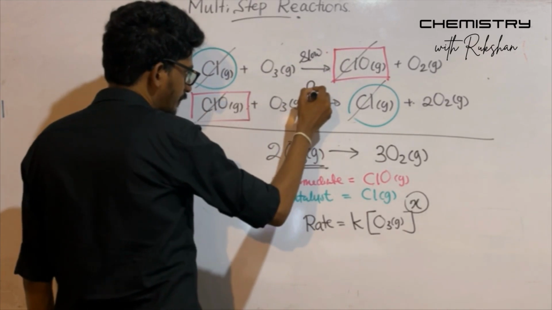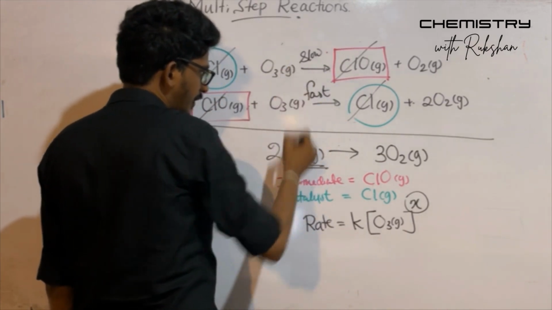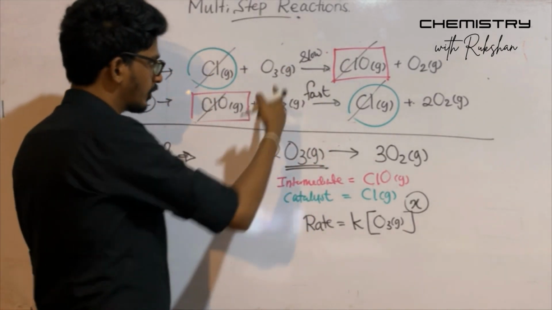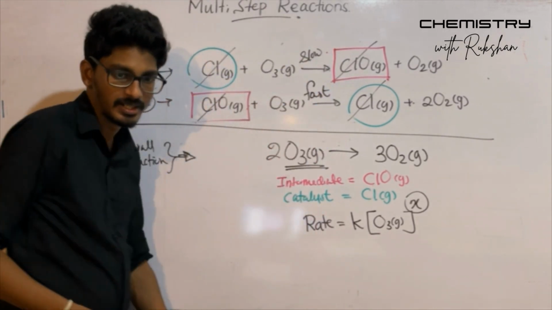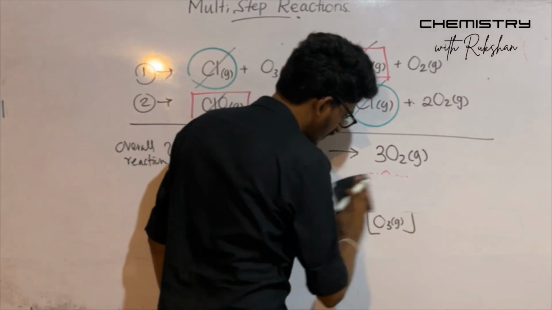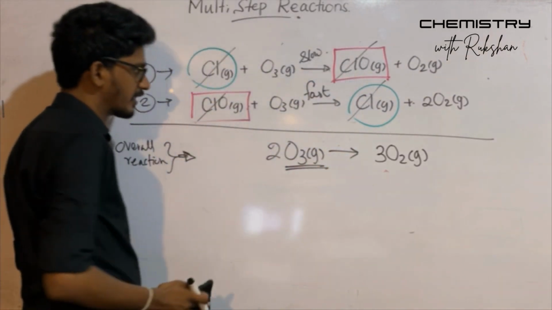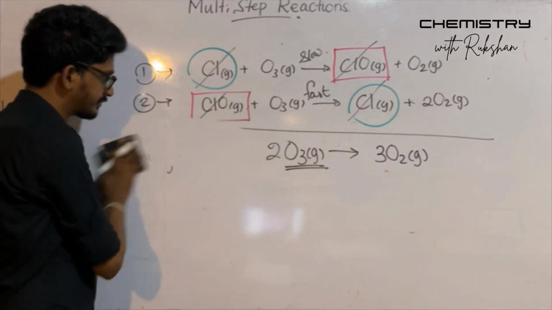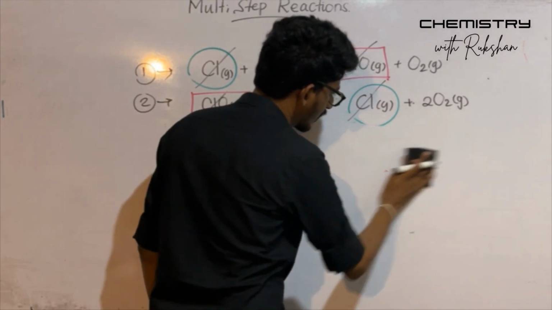This is your fast step. This is your slow step, and this guy is kind of a fast step, right? So this is a multi-step reaction involving two steps. Let's try to come up with the energy profile of this.